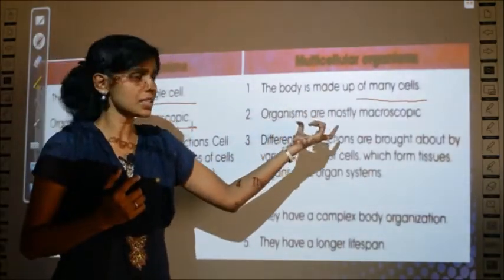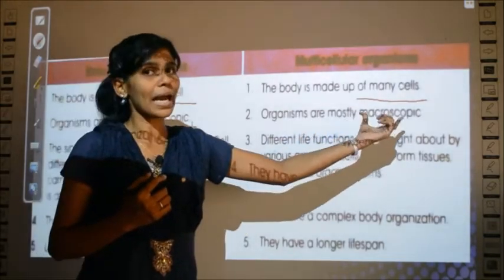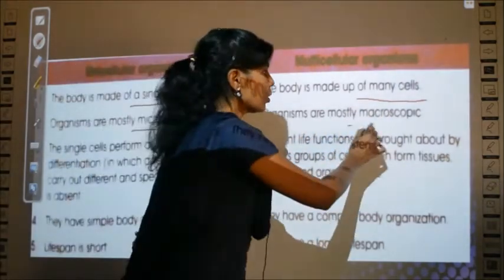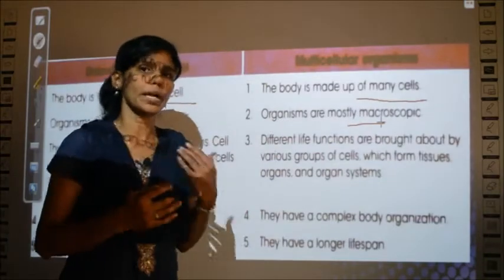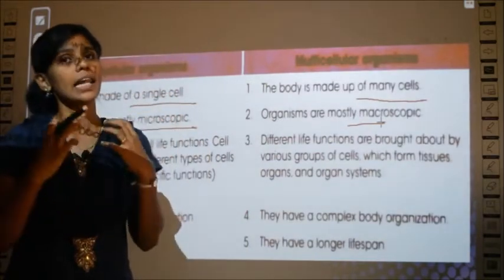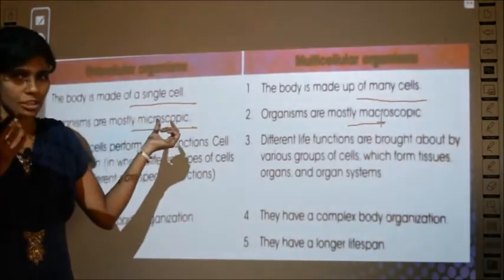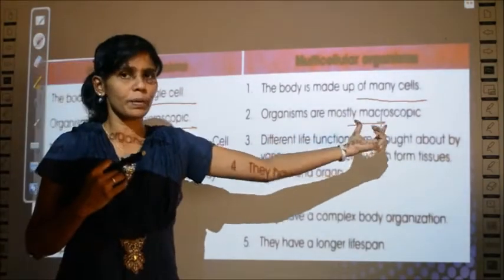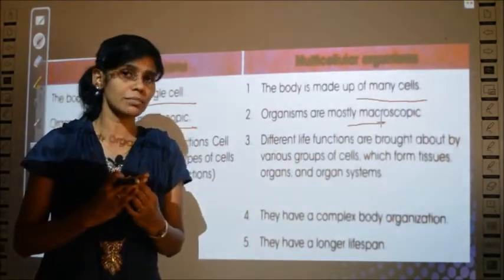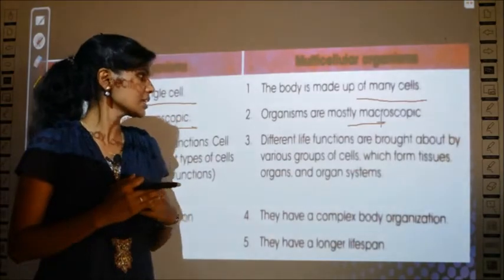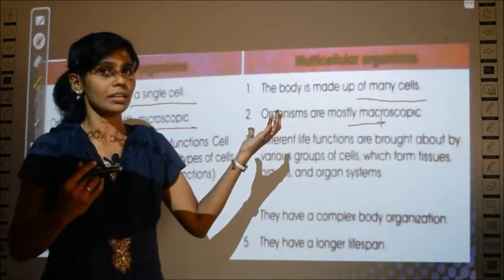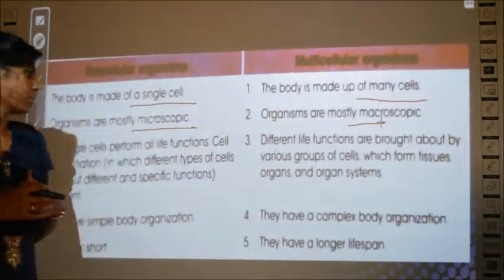Okay, these multicellular organisms are macroscopic. Macro is the word opposite to micro, macro means large, micro means small. Macroscopic means these multicellular organisms are usually bigger in size, so they need not necessarily be seen under a microscope.